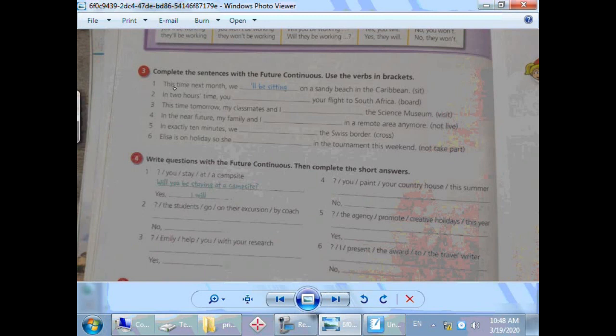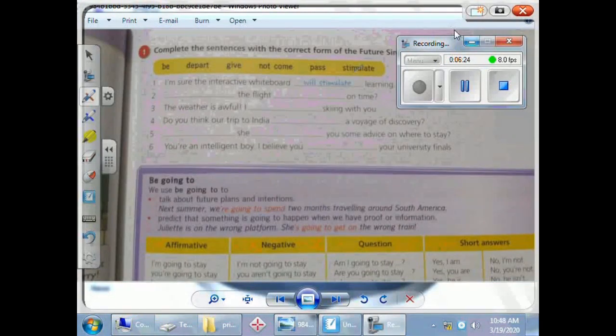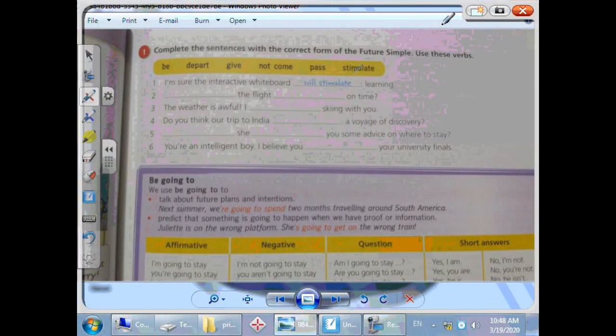The first one is already answered for us. I'm sure the interactive whiteboard will stimulate learning. So we add will. Okay, I'm sorry, this is not the page. One minute, please. Okay, so this is the correct page.